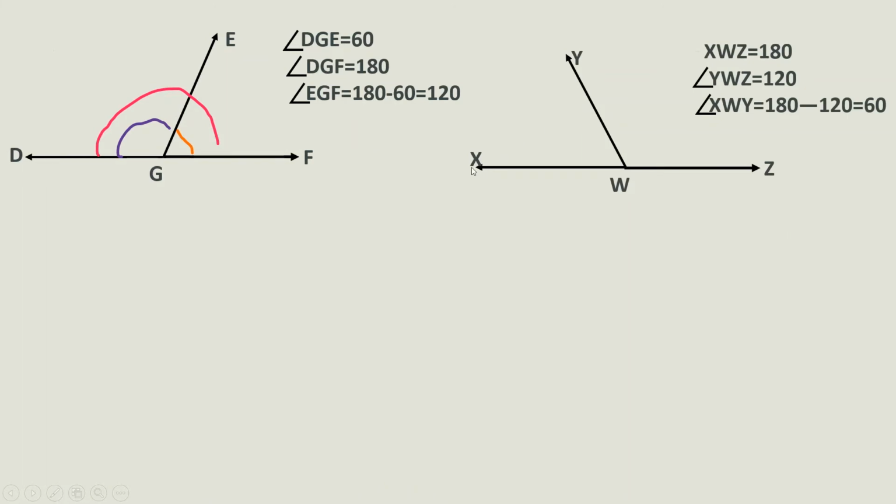Here, XWZ is 180 degrees, and we know that YWZ is 120 degrees. To find out XWY, we subtract 180 degrees and 120 degrees, which gives us 60 degrees.